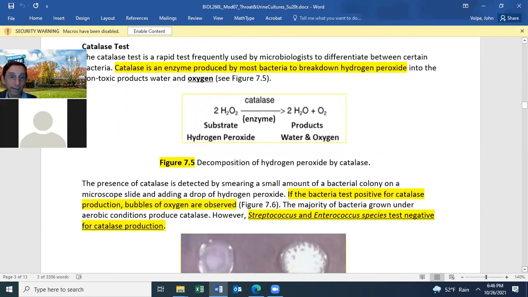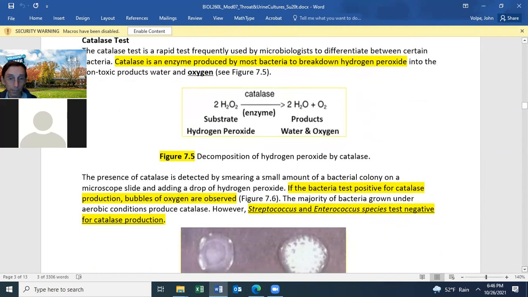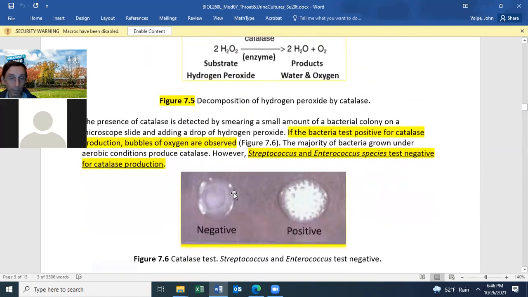The catalase test is a test where the enzyme produces bubbles from hydrogen peroxide. So you put hydrogen peroxide on the slide, shown here, and then you add the bacteria. If you get bubbles, then the organism is catalase positive. If there are no bubbles, then the organism is catalase negative.